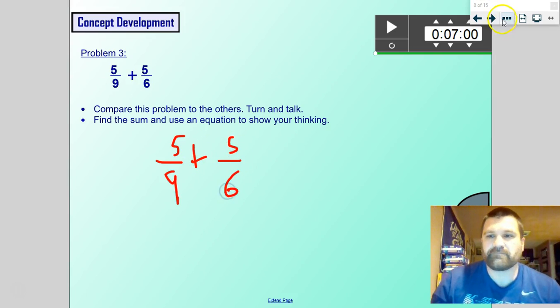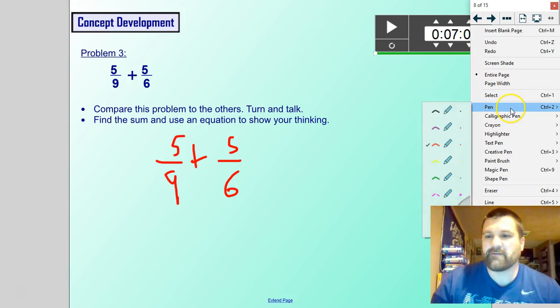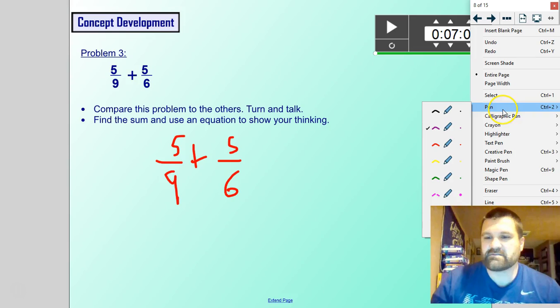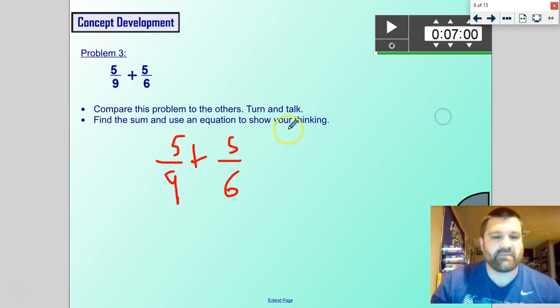Okay, so I'm going to have 5/9 add 5/6. I'll do it in a different color just so you can see my work. Red and purple. We don't want to mix. Okay, so how do you get to 18 from 6?